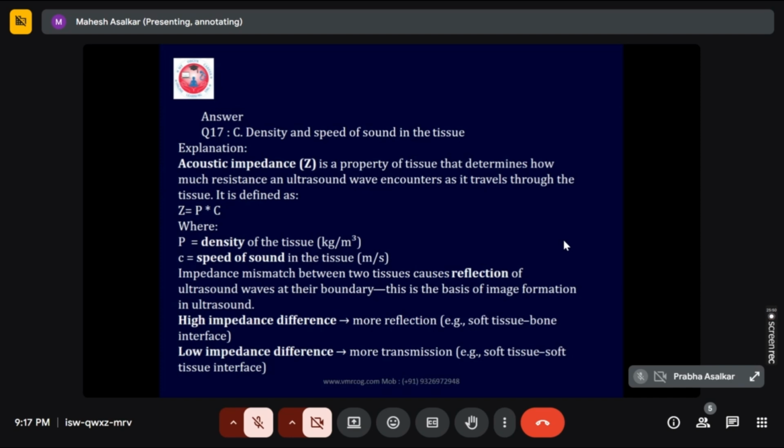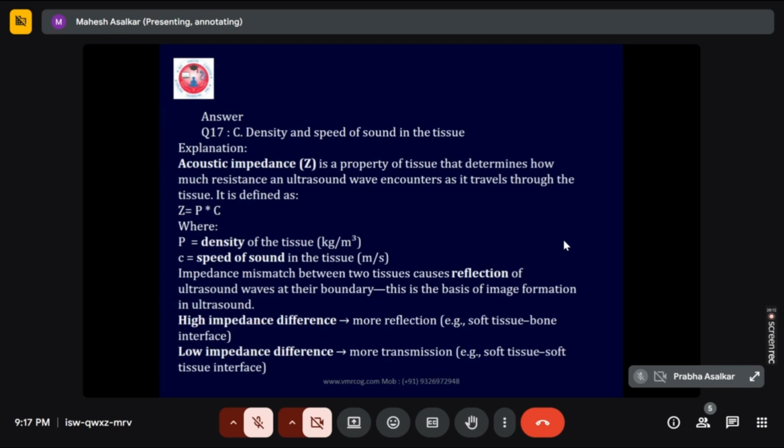It is defined as Z equal to P into C, where P is the density of the tissue, that is kg per meter cube, and C is the speed of the sound in the tissue, that is meter per second. Impedance mismatch between the two tissues causes reflection of the ultrasound waves at their boundary. This is the basis for image formation in ultrasound.